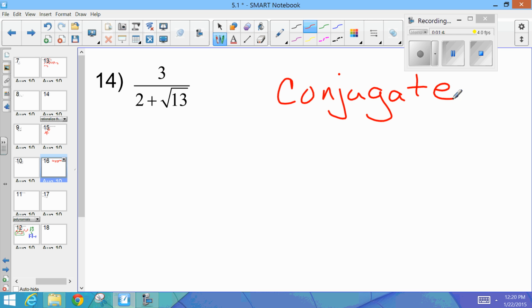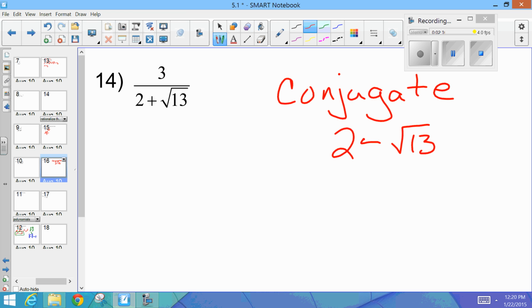So instead of 2 plus square root of 13, my conjugate is 2 minus square root of 13. What this does is, when you multiply that by the denominator, it causes that to be a whole number answer. It's no longer irrational.